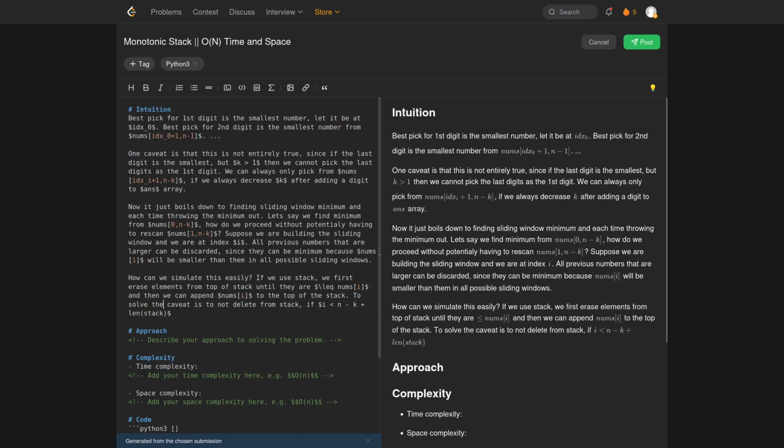To solve the caveat from earlier, we simply allow deleting from the stack only if the remaining elements are enough.